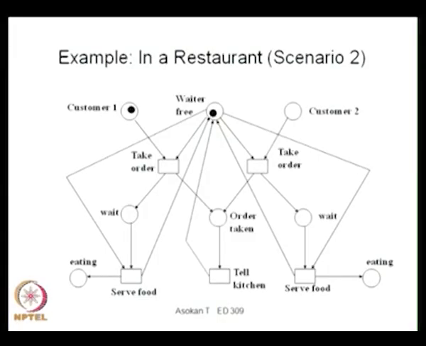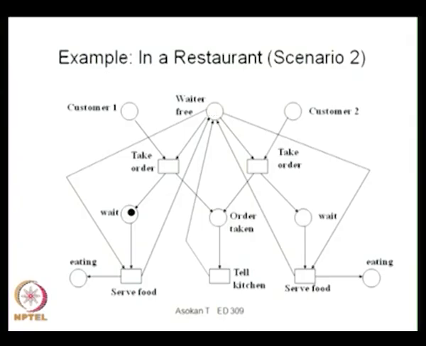In scenario 2 it is almost similar, except that the situation changes. Here the waiter and customers are free, and then he takes the order from customer 1. So the customer is waiting and the order is taken, and that is informed to the kitchen, and the waiter is free. One customer is waiting for food, the other customer is waiting to place the order.